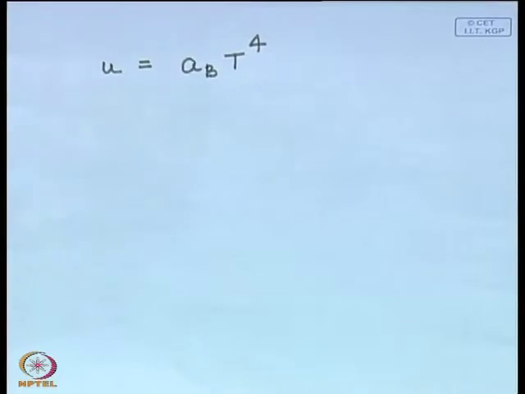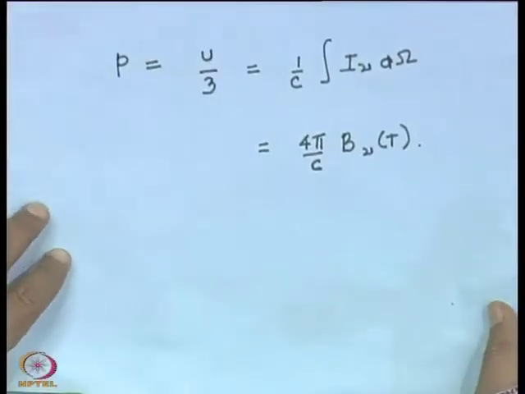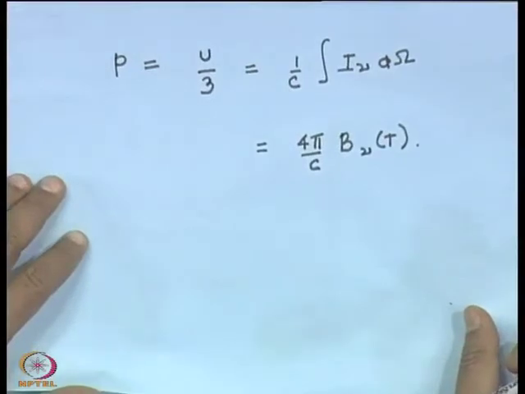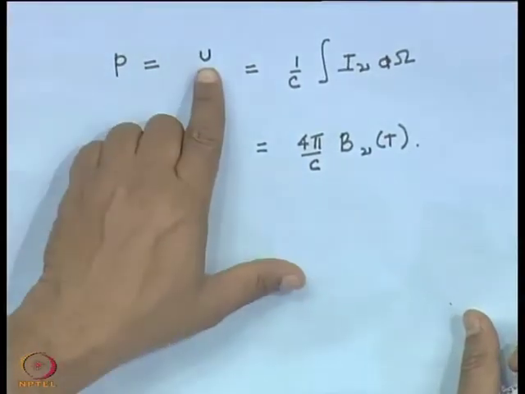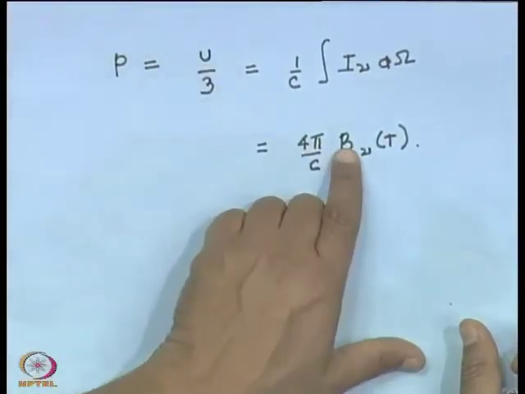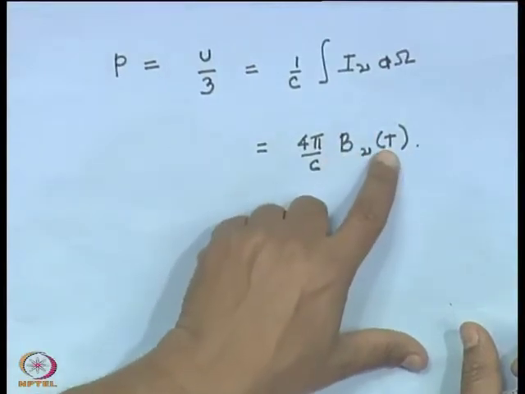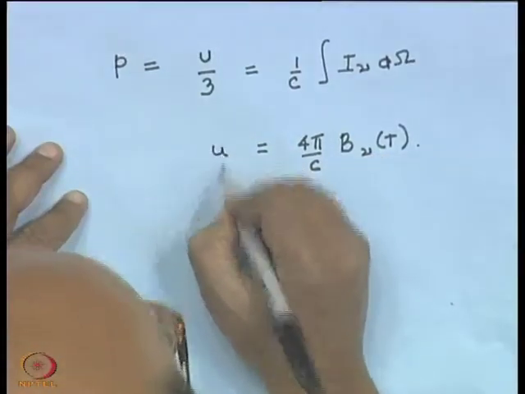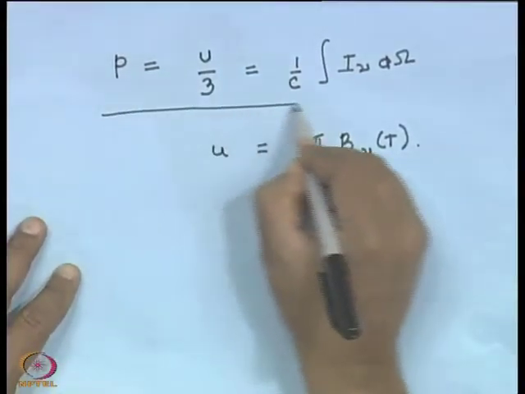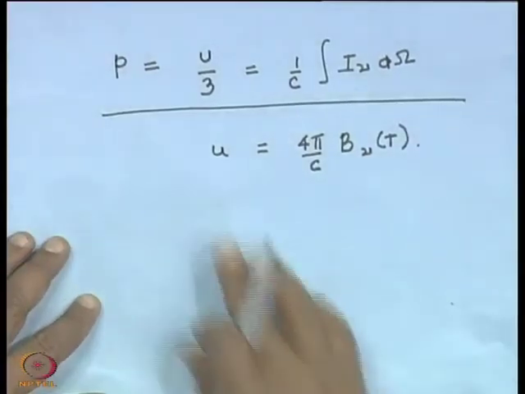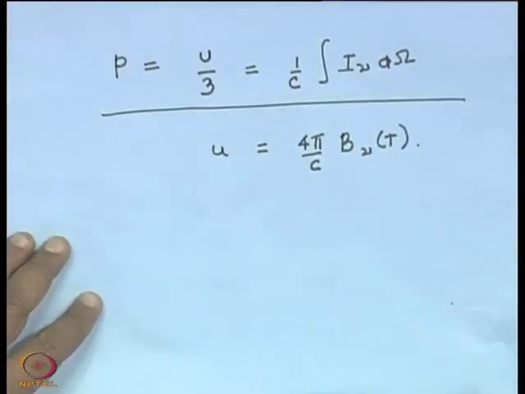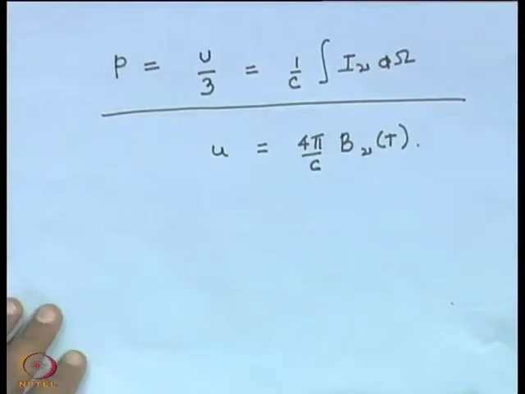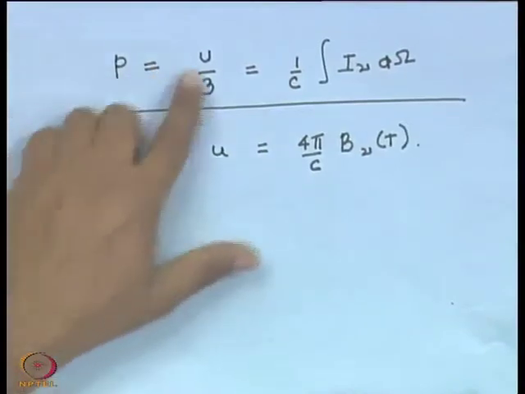It also tells us, so once you know the energy density, you know this, so you can work out what this is going to be. So, this will be, no, this is u, this is not the pressure. Okay. So, the u is equal to this, the energy density is equal to this 4 pi by c, the pressure is 1/3 u.